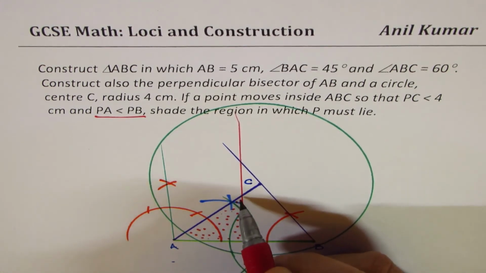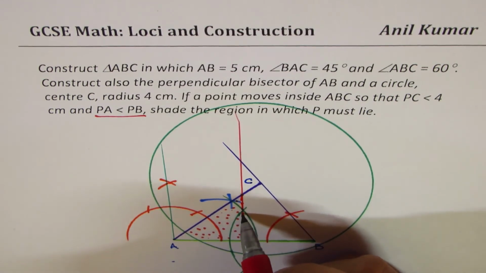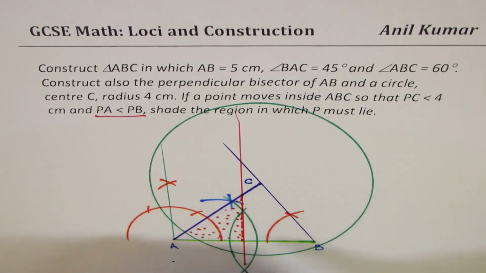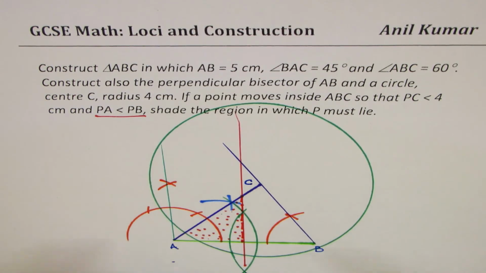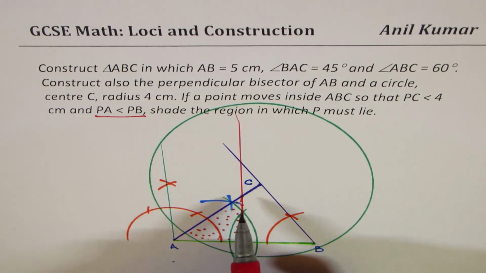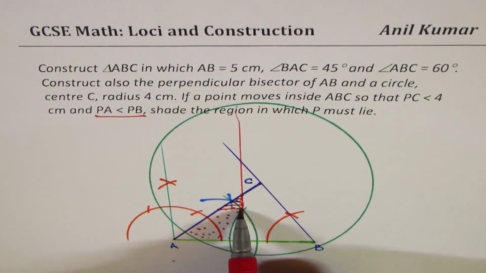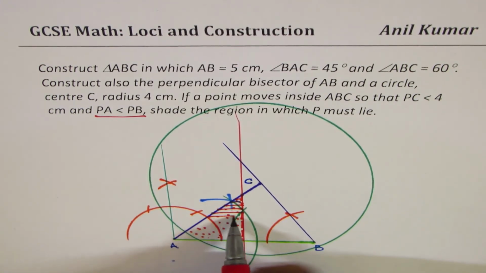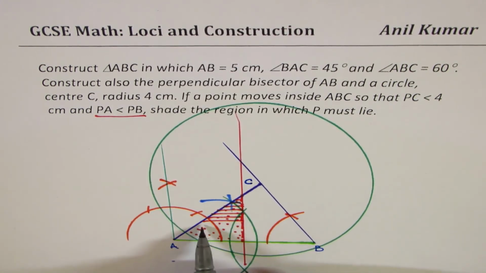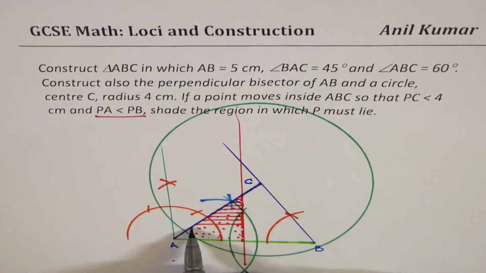So we'll basically take this side as a dotted side. So we'll use this as a dotted line since it is less than, and shade the portion which is right there. I hope that makes sense, right?